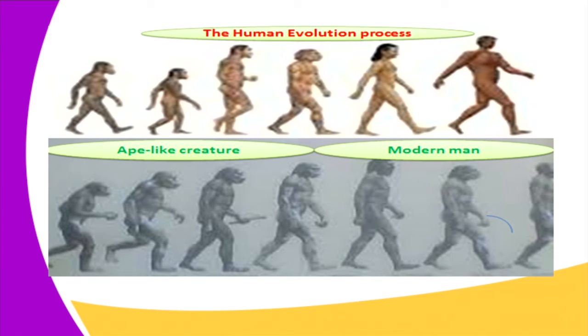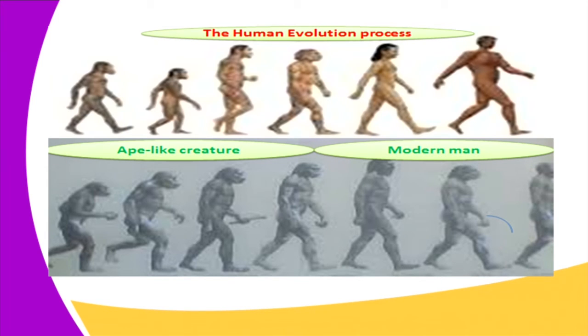Man came from an ape-like creature to a modern man. As an ape-like creature, man was not erect, or rather he was not upright when he was walking. But because of the gradual, slow process, remember we defined evolution as the process of slow or gradual change from a simple life creature to a more complex creature, man is changing from a simple life creature to a more complex creature, that is the modern man.